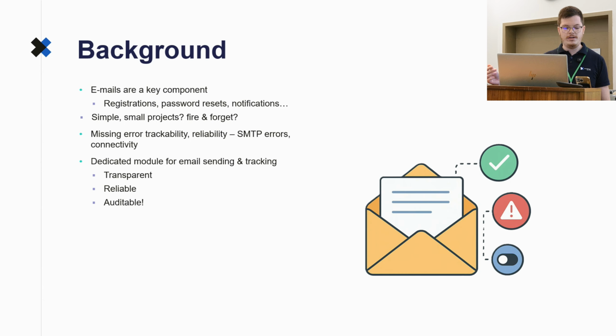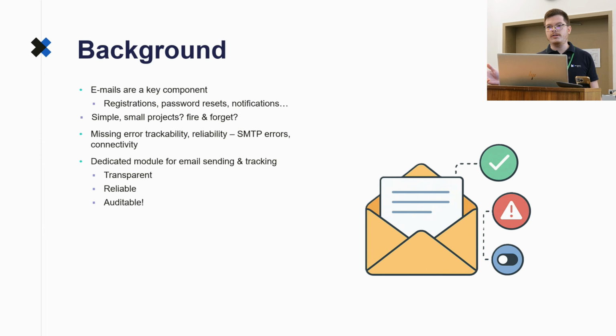but we soon figured out that it was not enough for us. Because as our projects grew, we realized that email handling is actually a critical system component, and that even on the smaller projects, we need to track emails and what's happening to them. When things go wrong, like SMTP errors, connectivity issues, or other problems, it can be frustrating for both developers and clients.